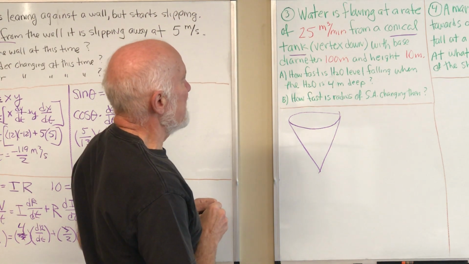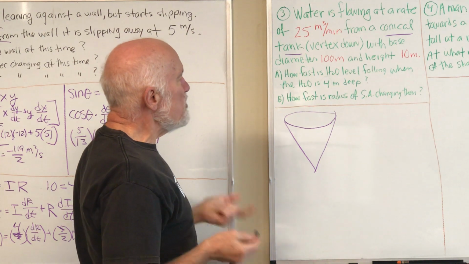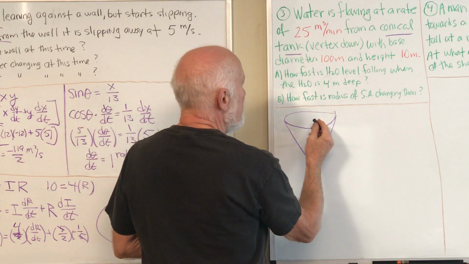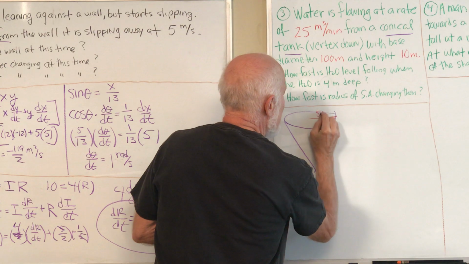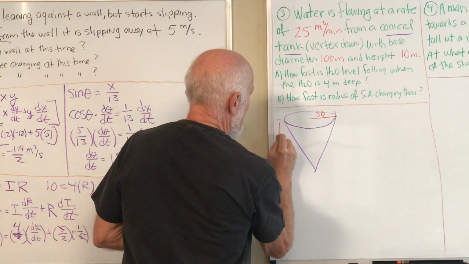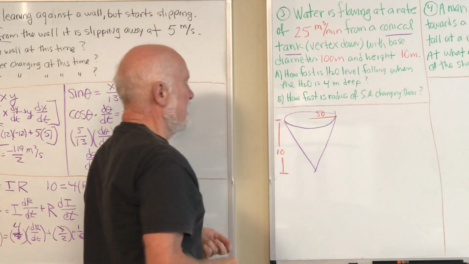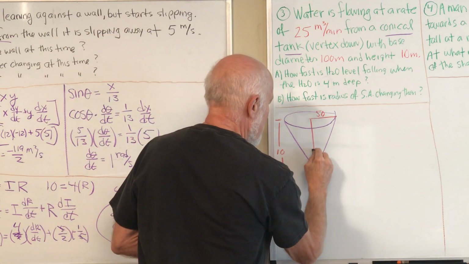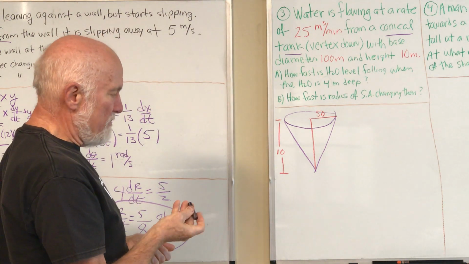And what do we know about the conical tank? The base diameter is 100 meters. Well, we don't use diameter in most of our formulas, so I'm going to say the radius must be 50. So I can go right here and put 50 for the radius, and the height is 10 meters. So I'm not too to scale here, but my math should take care of that. And I can draw that height in like that, but I also have to put the water in my picture.